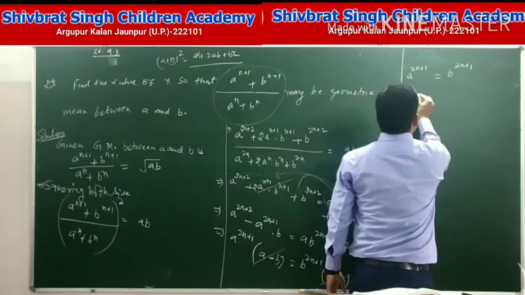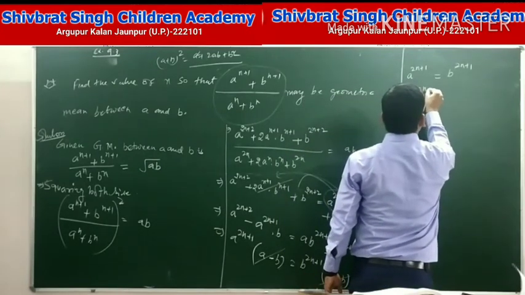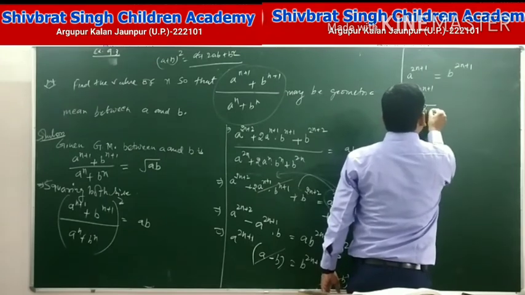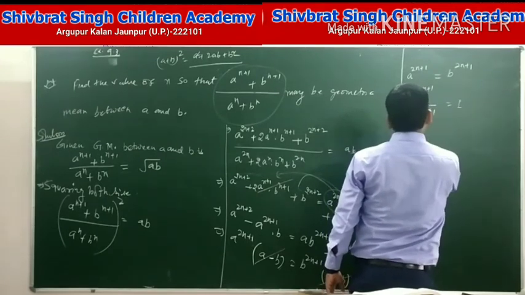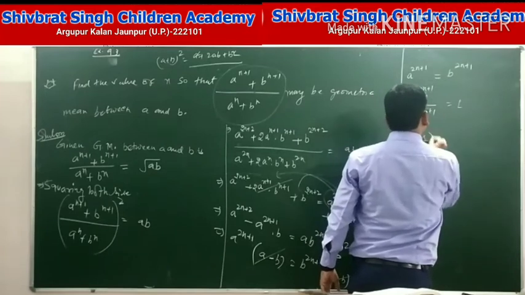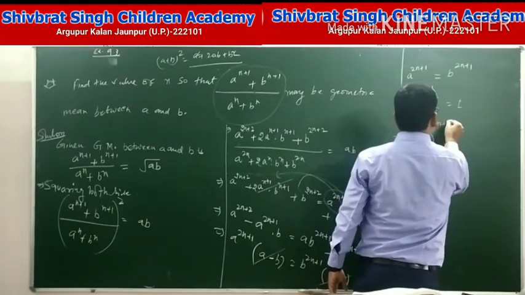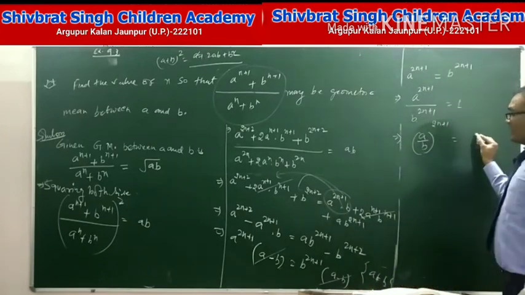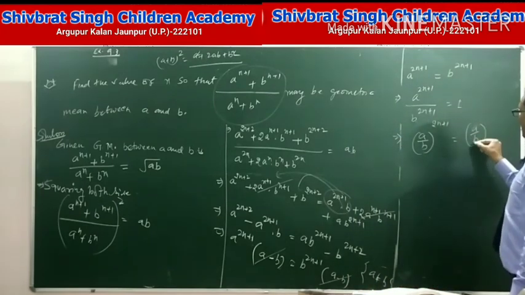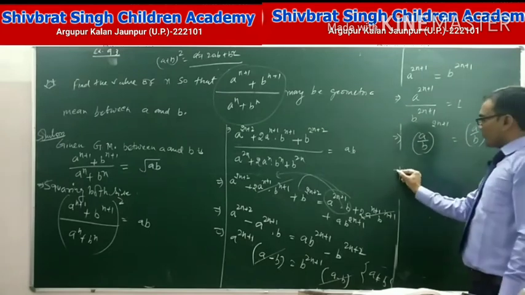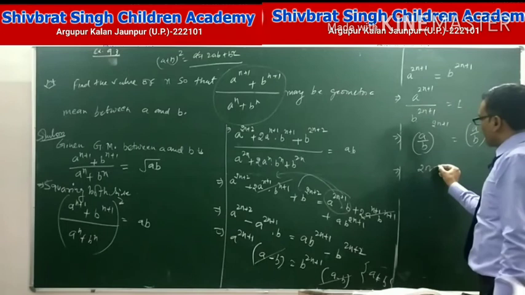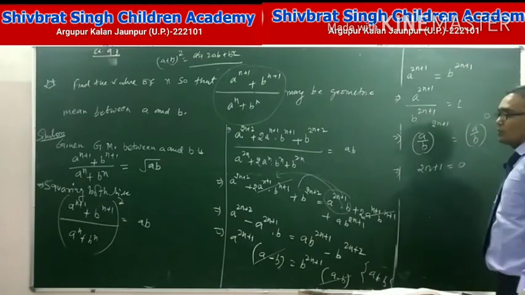This implies that a to the power 2n plus 1 upon b to the power 2n plus 1 is equal to 1. This implies that (a upon b) to the power 2n plus 1 is equal to 1, also written as (a by b) to the power 0. Comparing both sides, 2n plus 1 is equal to 0.